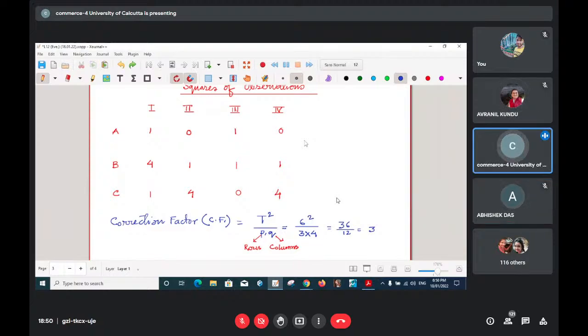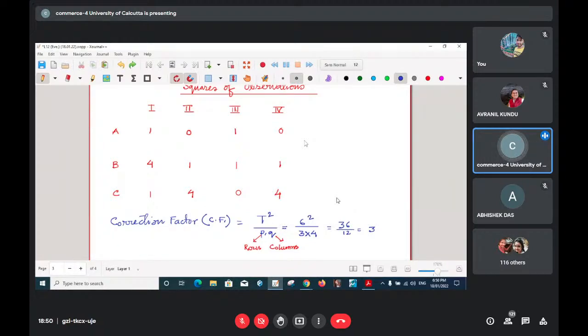After calculating correction factor, I would like to know what is the variation coming due to researchers. So I would like to calculate sum of squares due to researchers.